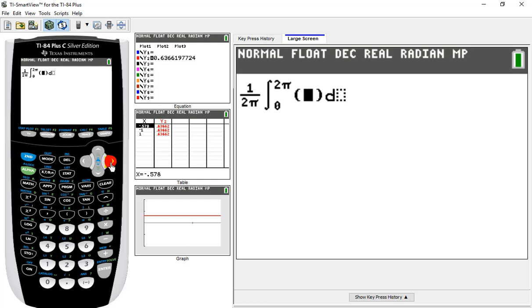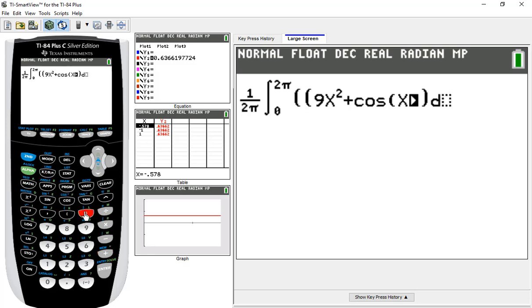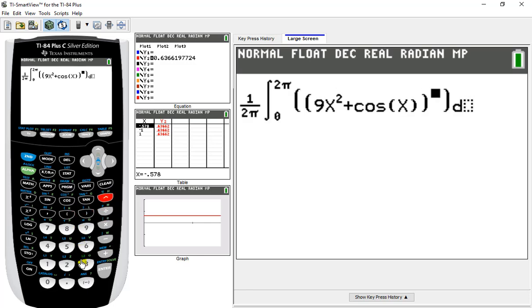All right, we need some parentheses for our 9x squared. So 9x squared plus cosine x. We're going to close up the cosine x, close up the 9x squared, raise this to the third power, and finally, dx.